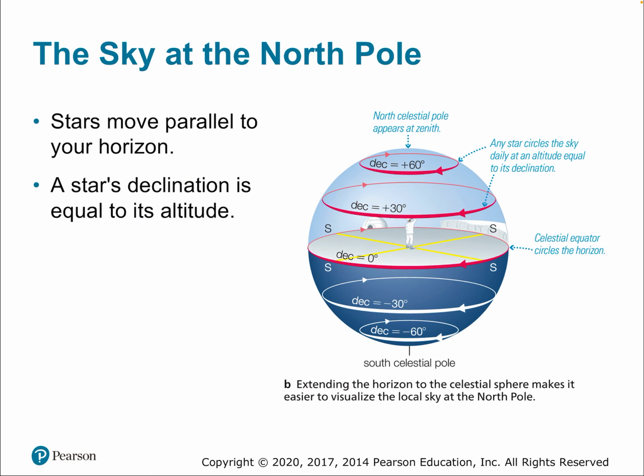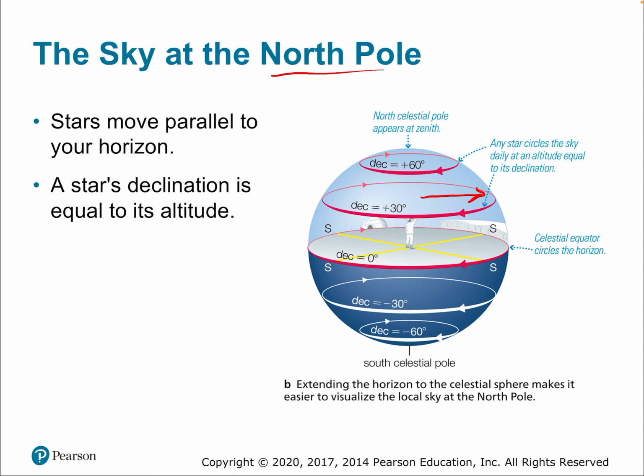So at the poles, with the North Pole being the example, the stars move parallel to the horizon, in parallel circles with different radii. Like I said, some circles are tighter than others. A star's declination is equal to its altitude, because you're effectively looking at one half of the celestial sphere when you're at the North Pole.